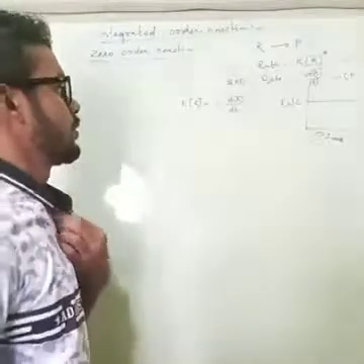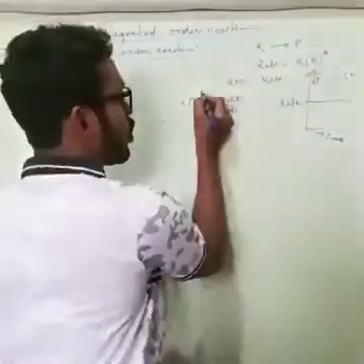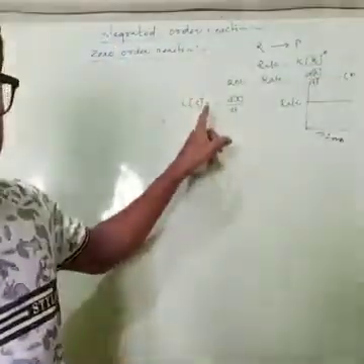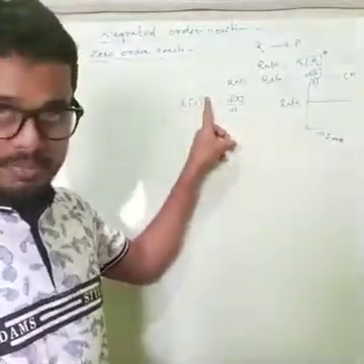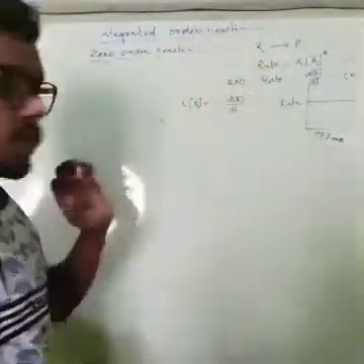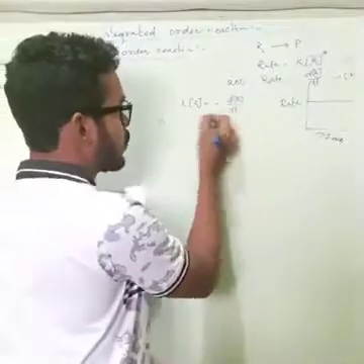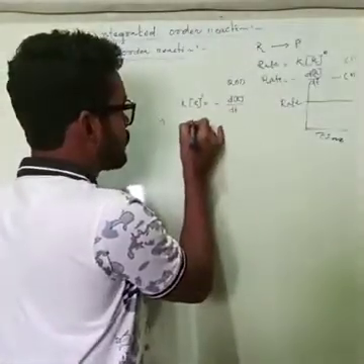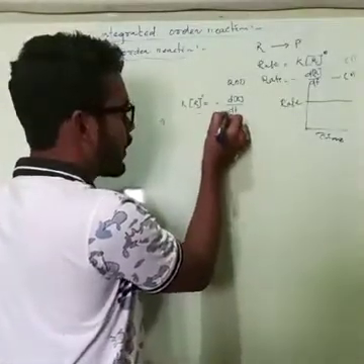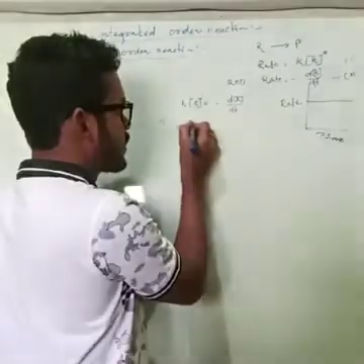Here R to the power 0, because it is the zero order case, and anything to the power 0 is what? 1. So it will become K, and I will bring this dt to this side.